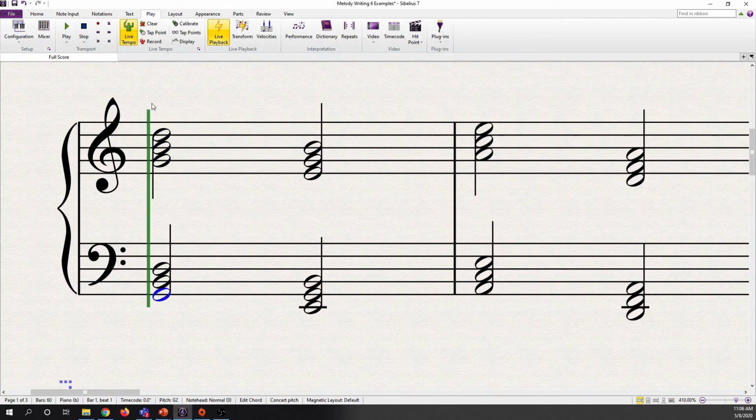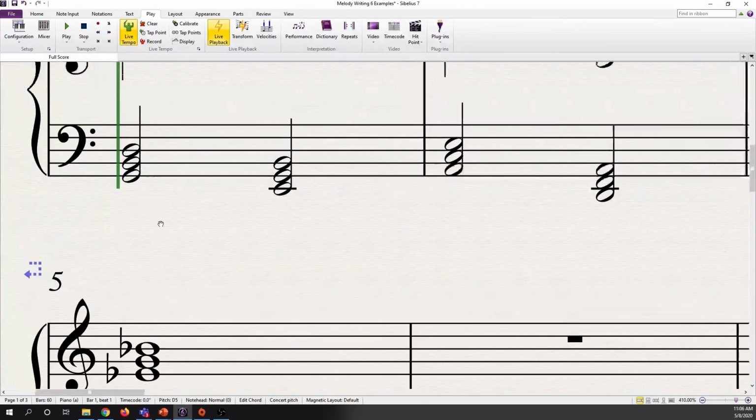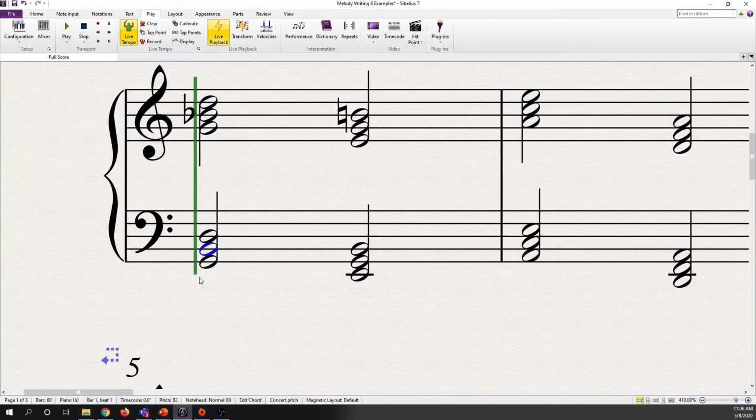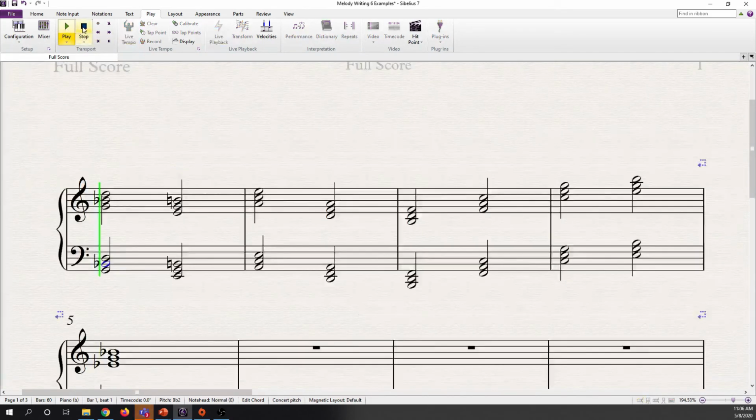I hope you can hear that okay. Now, this is going from G to B, which is a major third, and then a minor third. If I were to flatten this to a B flat, we now get just a minor triad.